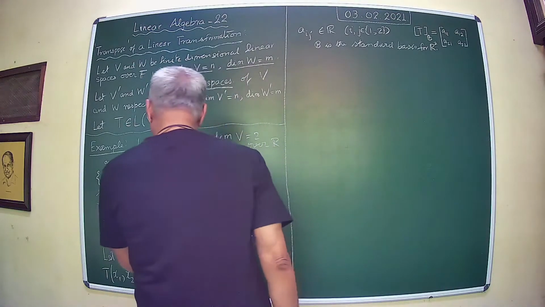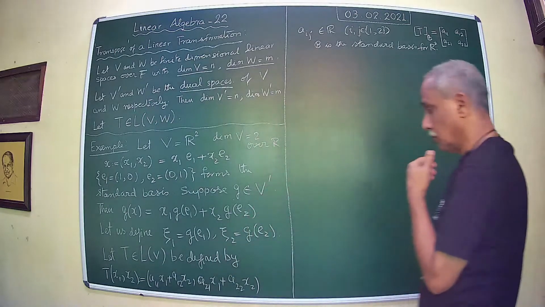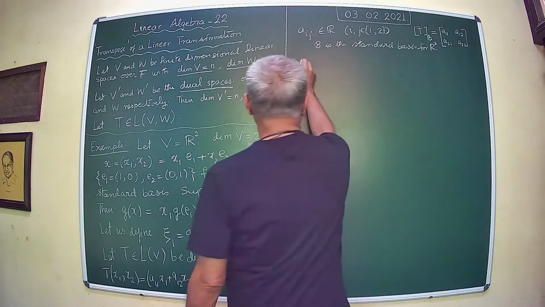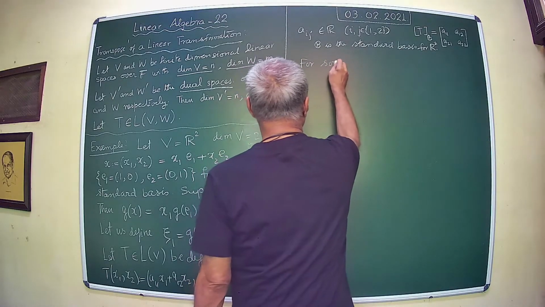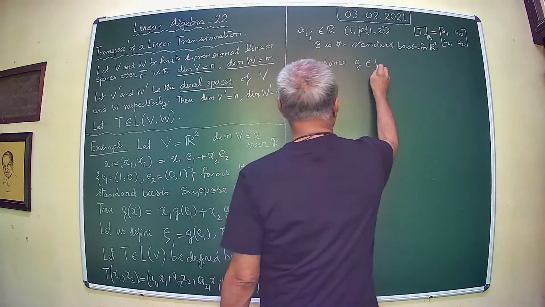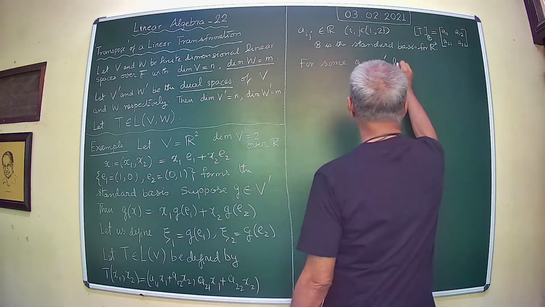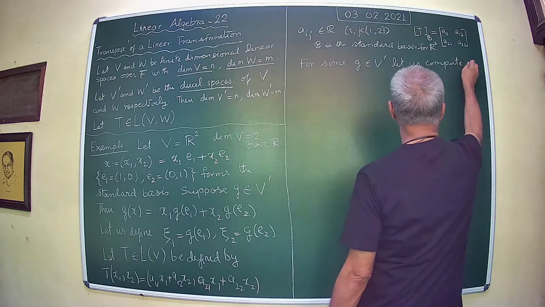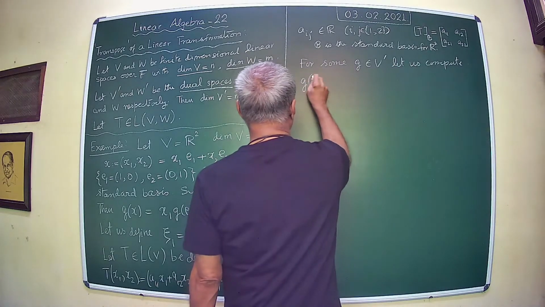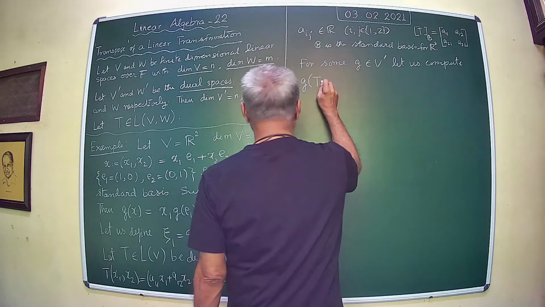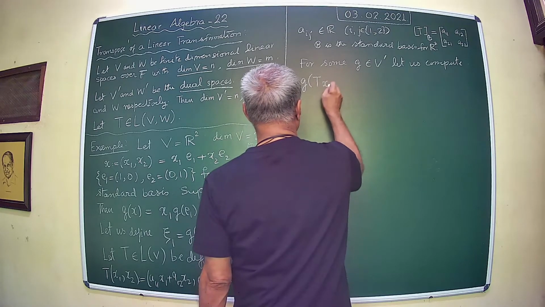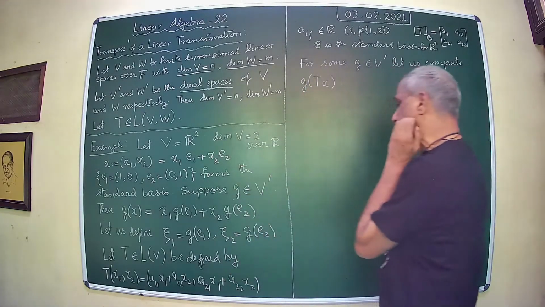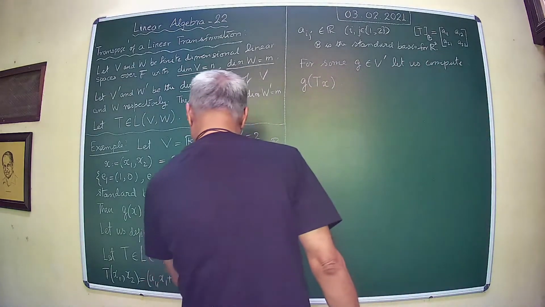Now let us compute, for some G in V prime, G of Tx. Now G of Tx is then equal to, what is Tx? Tx is given by this one.